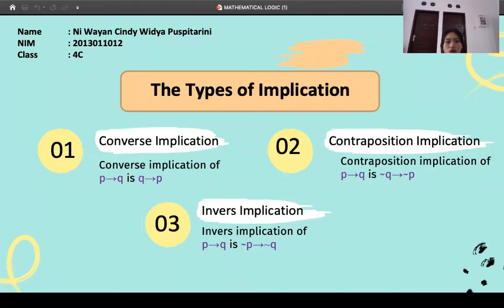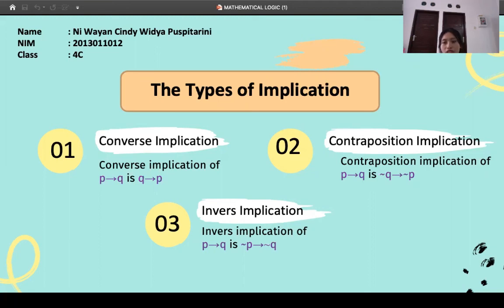Next, we're going to the types of implication. First is converse implication. Converse implication of P implies Q is Q implies P. Number 2, contraposition implication.